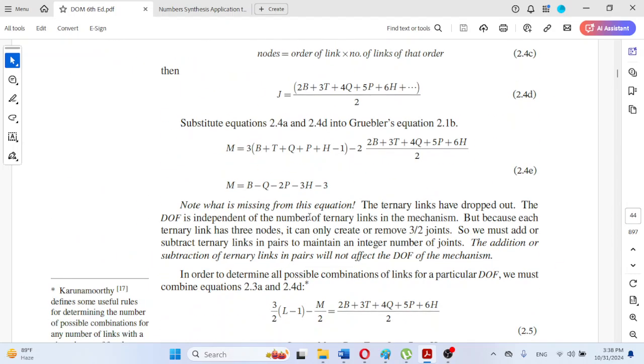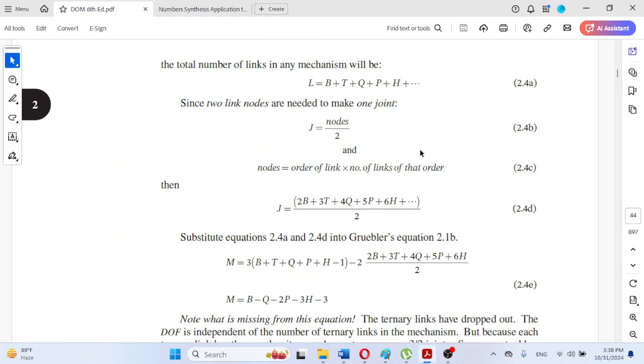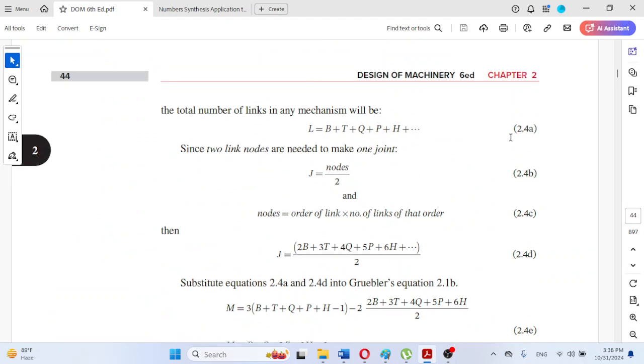So here two equations are important. This equation 2.4a adds up various types of links, means binary, ternary, quaternary. Remember that B means the count of binary links in a mechanism, T means the count of ternary links in a mechanism. So it is actually the count or number of certain types of links.